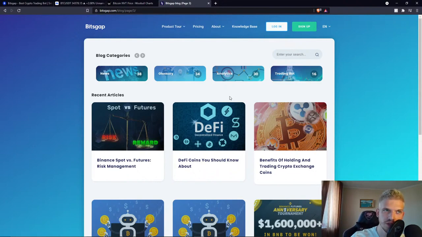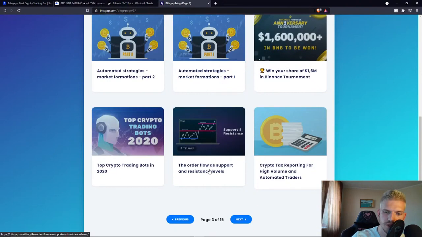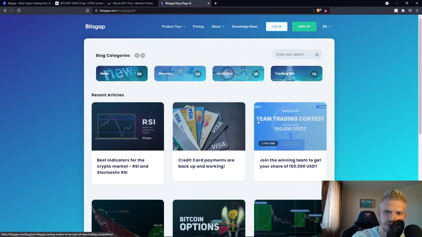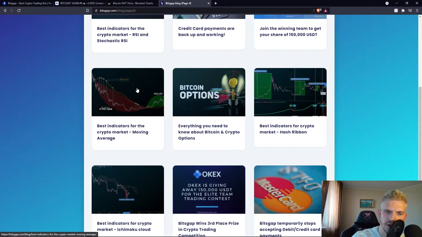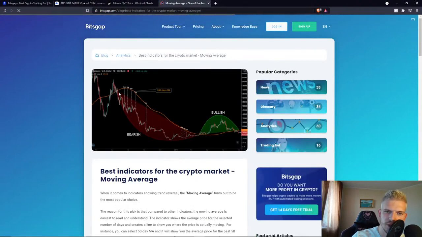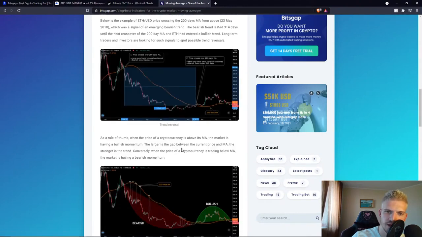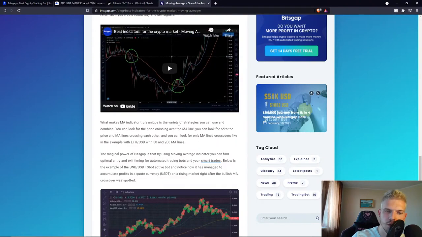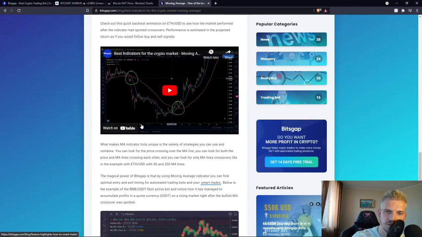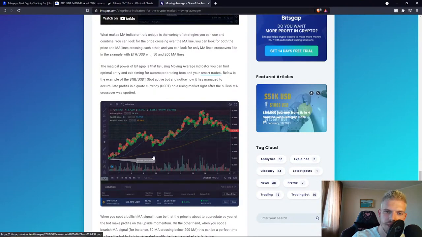So that basically gives you the sentiment of the market, like the expectations of retail traders. And of course you have other tools, like I think I covered here as well the RSI and the Hash Ribbons. The thing about the moving average is that in this article here I grabbed my experience and the key takeaways that I'm using from this exact indicator with the bot.